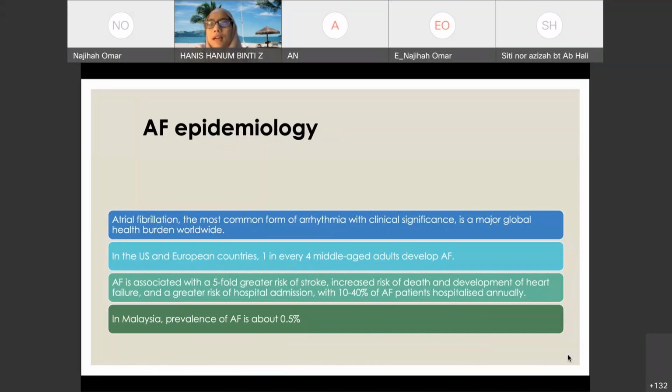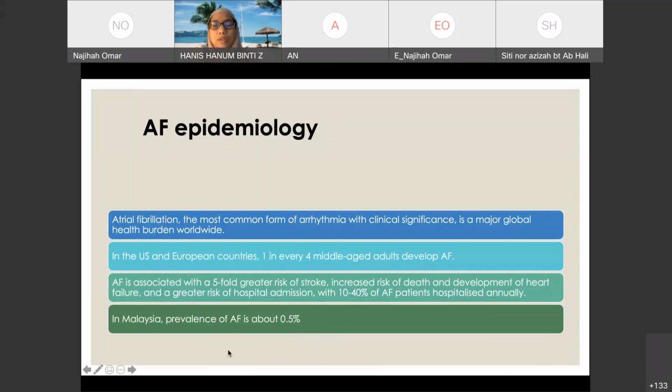So I'm thinking that people might think this is a normal thing, but if you are elderly, you have hypertension, and you notice that your heart rate is very irregular many times, that is a sign that you need to get yourself properly checked. Because if you don't, you are at risk of getting AF.